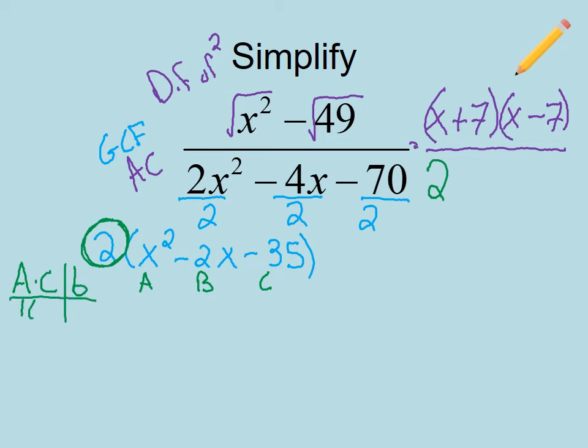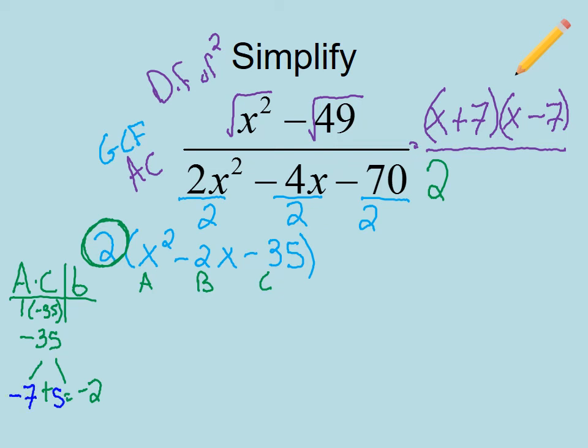So I have 1 times negative 35. So I have a negative 35 that has to add up to negative 2. So 2 numbers that multiply to negative 35 but add up to negative 2. When I do that, go through anything that multiplies to 35. Well, negative 7 and 5 do.